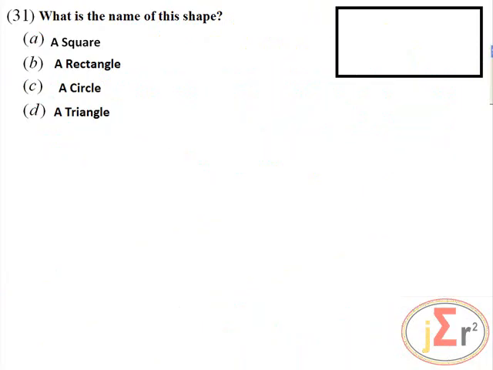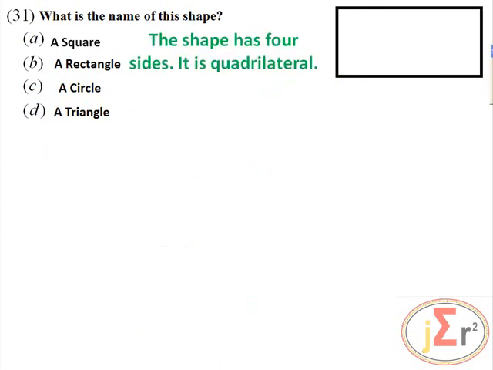What is the name of this shape? That is problem number 31. A rectangle. And Jerry is saying that that shape is a rectangle. The shape has four sides. It is a quadrilateral.